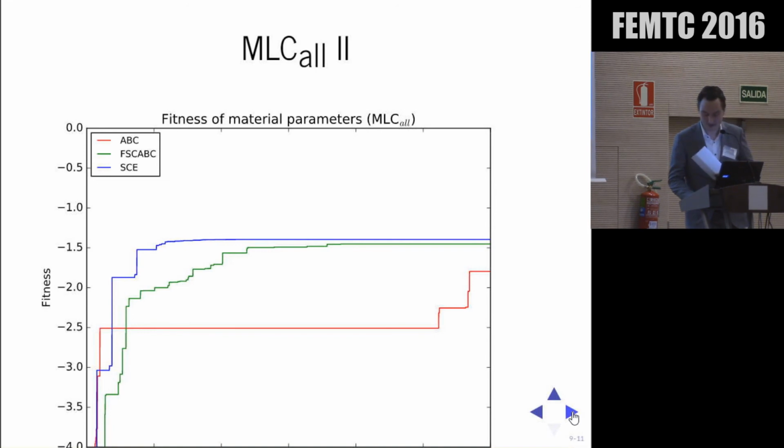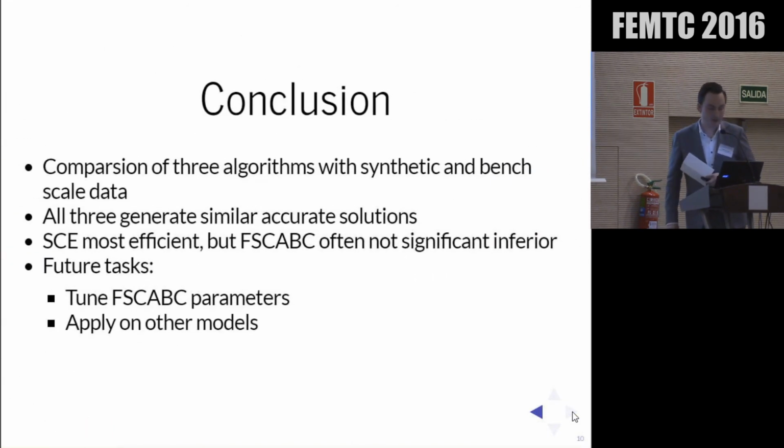So this is what we found out. We showed 3 algorithms and tested them with synthetic and bench scale data. All 3 generate similarly accurate solutions, but FSCABC and SCE are distinguishably better than ABC, while SCE is the most efficient, but FSCABC often is not significantly inferior.